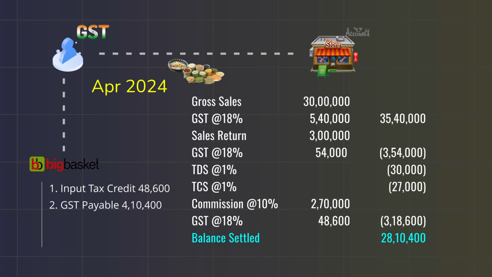Third point, remember you have a TDS credit of 30K, which you can use it to adjust against any liability that you may have in income tax law, and if you have no liability, then you can claim refund. 4. Whenever you pay commission, you have to deduct TDS under section 194H of Income Tax Act. But in case of e-commerce operations, provisions of 194H is not applicable because TDS is already taken care by the e-commerce operator. This is how both TDS and TCS are applicable on the same transaction.